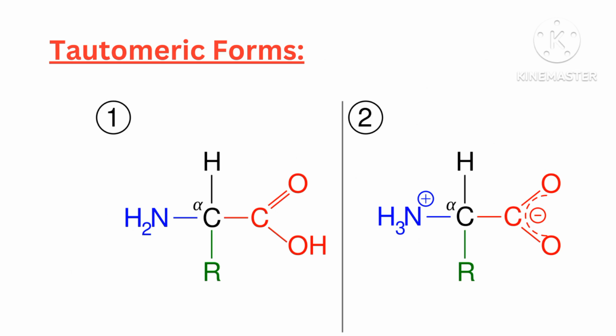Tautomeric forms. Amino acids can exhibit tautomeric behavior under different conditions. Tautomers are structural isomers, constitutional isomers, of chemical compounds that readily interconvert. The chemical reaction interconverting the two is called tautomerization.